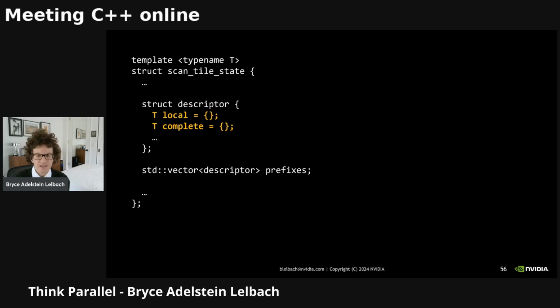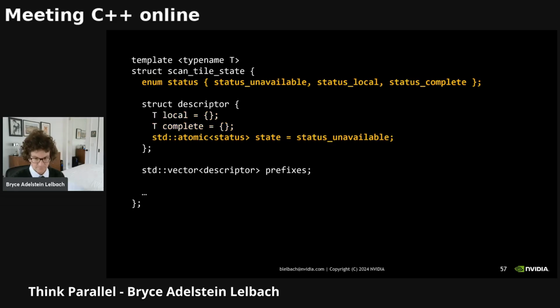The descriptor has two prefixes for the tile: local, which stores the sum of just the elements of the tile, and complete, which stores the sum of all elements from the start of the range to the end of the tile. A descriptor also has a state, which is either unavailable, local, indicating that the local prefix is available, or complete, indicating that the complete prefix is available. The state is updated atomically.